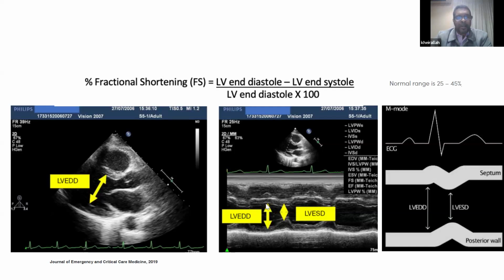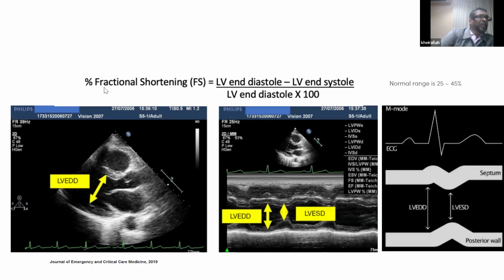It's easy here: LV end diastolic and LV end systolic dimension. Make sure that your line is perpendicular, because any obliquity is going to make an erroneous measurement, and that's going to impact your evaluation. So it's simply left ventricular end diastolic and left ventricular end systolic dimension.